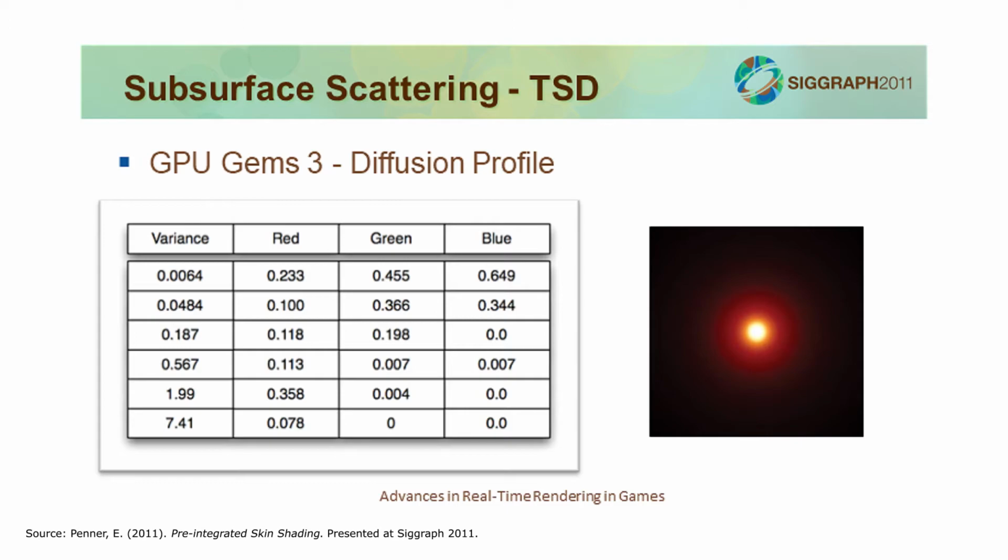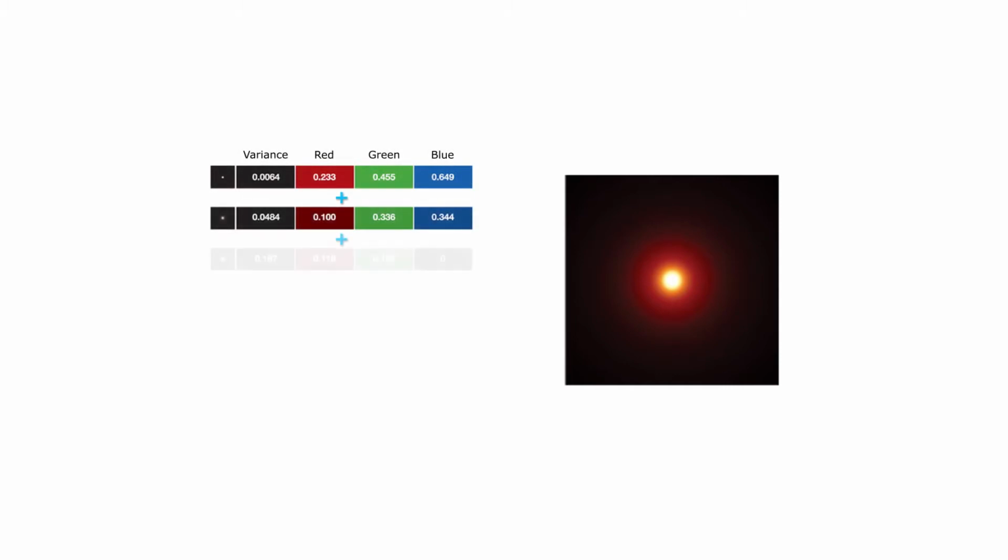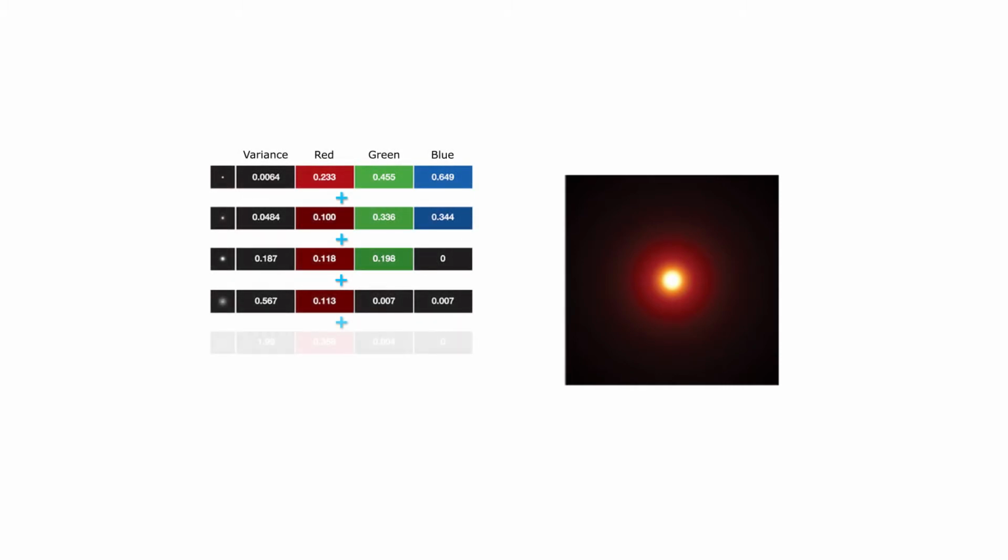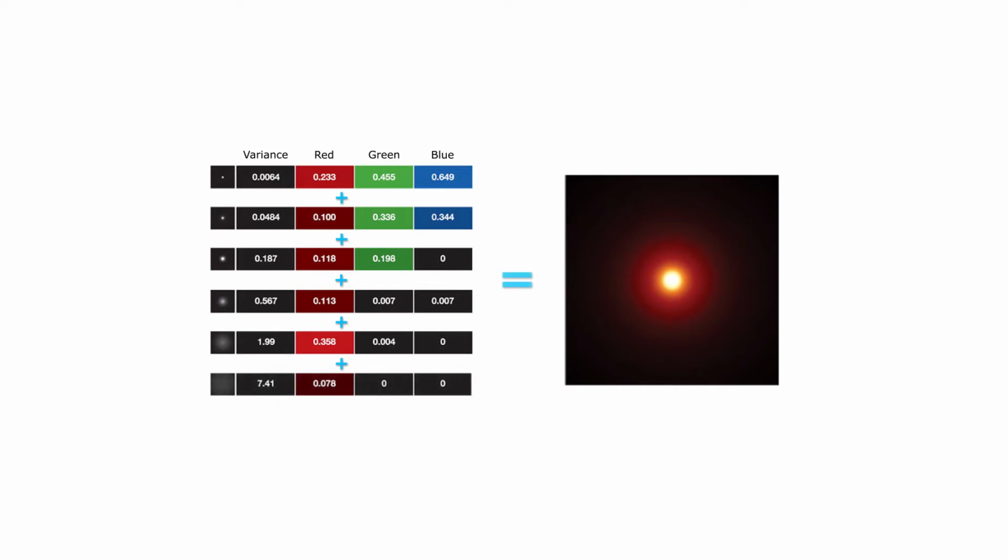We already have existing data that measures from the physical world the exact scattering color and relative scale of the human skin. With this, we can see that the red scattering color on the human skin is actually the combination of light being scattered at different layers of the skin, each with a different scattering color.